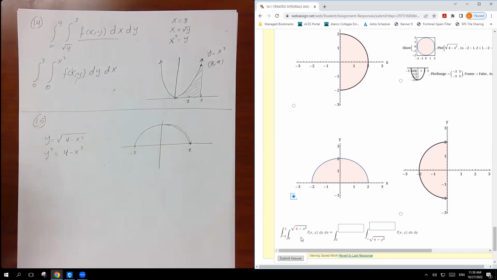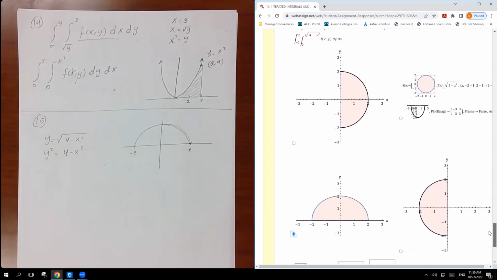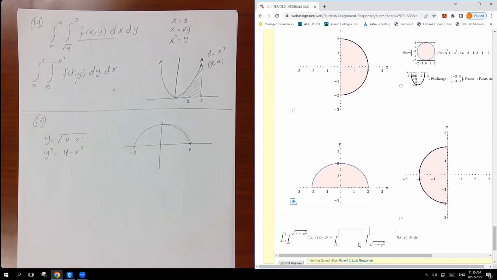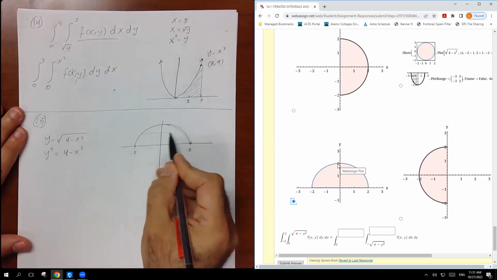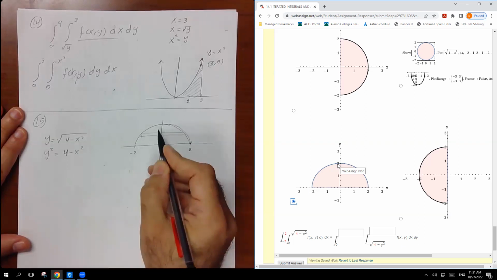Now, if you flip these two, because the first one we have dy dx. Now, what about if this one is going to be equal dx dy? This is going to be different. Our side border is going to be from 0 to 2. Here's the thing. This is for the first part.